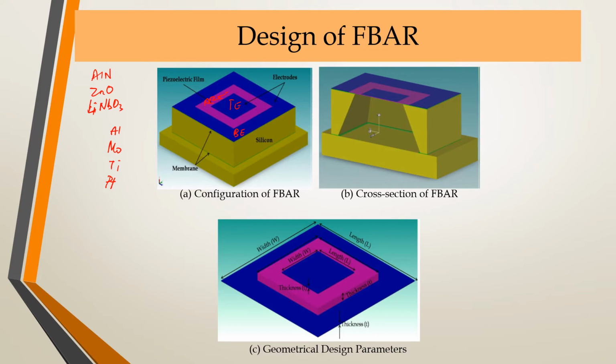Figure B shows the cross section of the FBAR. Figure C shows the geometrical design parameters that are used in this research. Only 3 layers will be considered in the design, which are the bottom electrode, piezoelectric materials, and the top electrode.